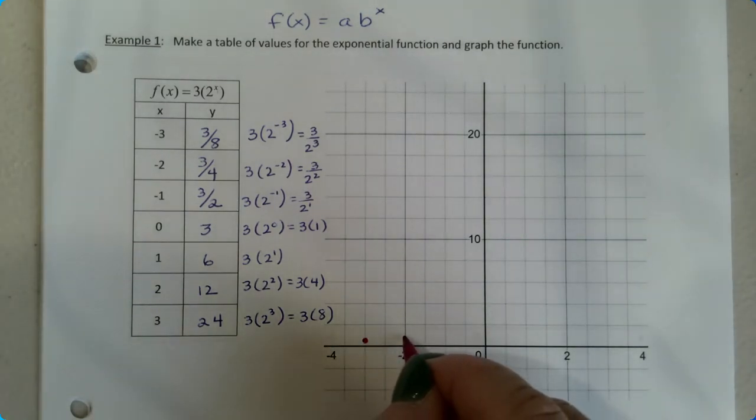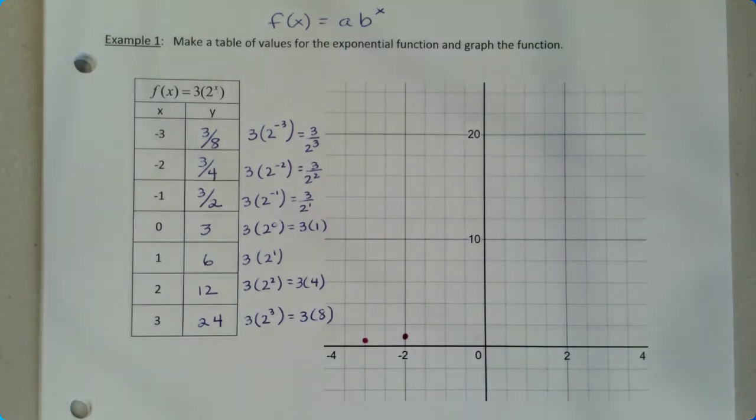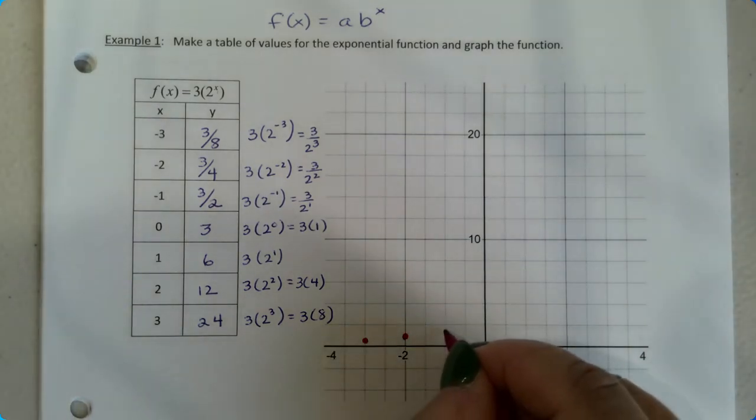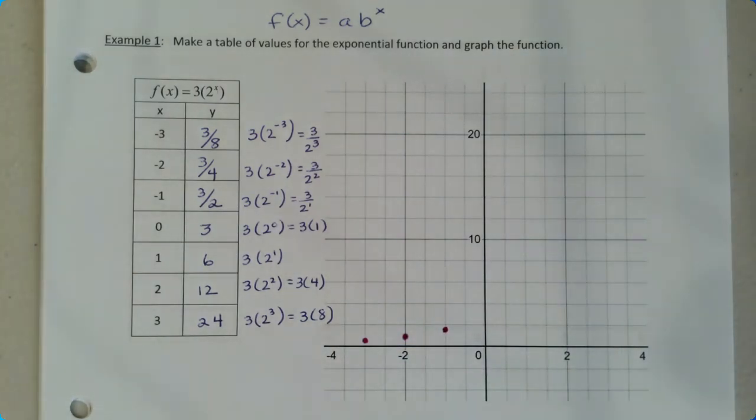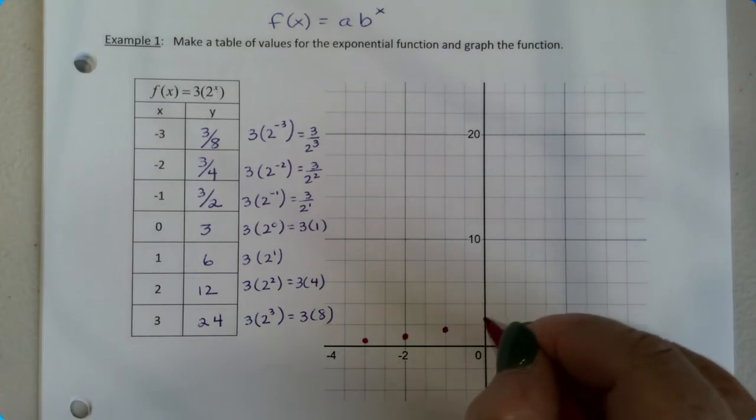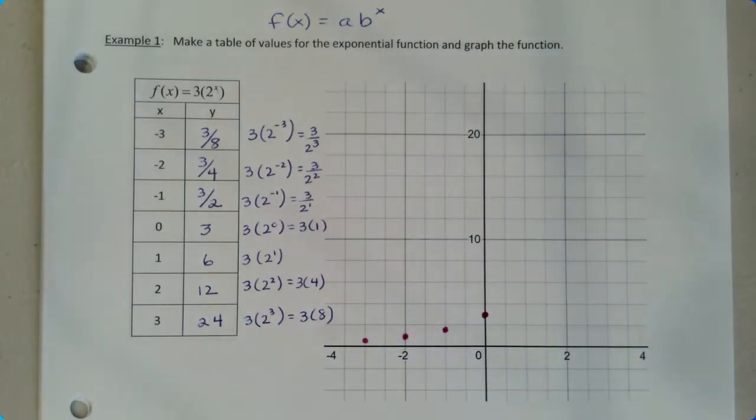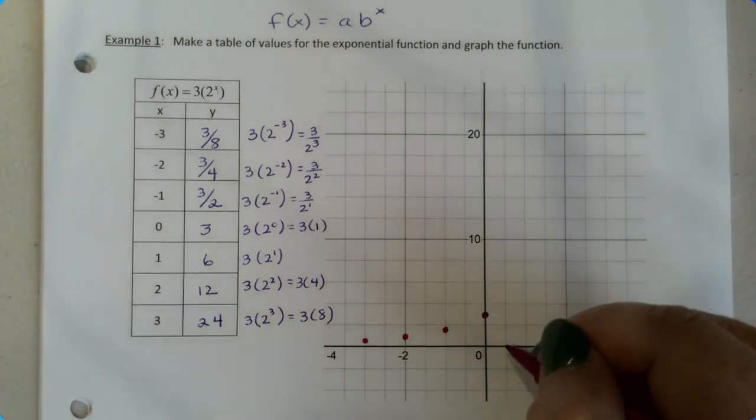At -2, 3/4 is just slightly higher, a little bit less than 1. At -1, 3/2. 3/2 is 1.5, so getting a little bit closer to the 2. At 0, 3. At 1, 6.